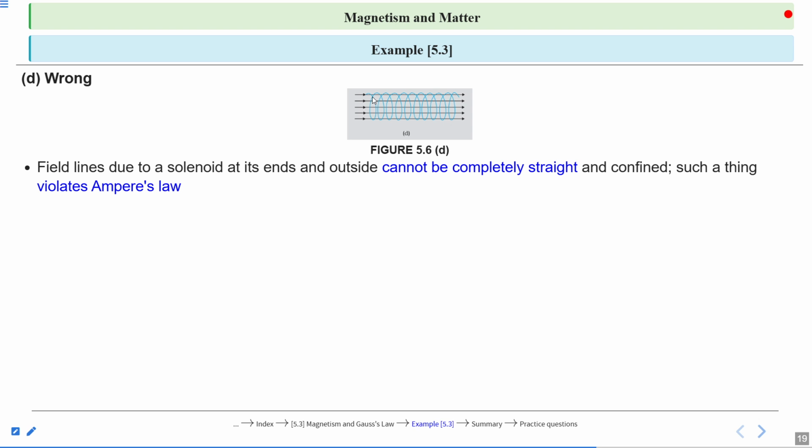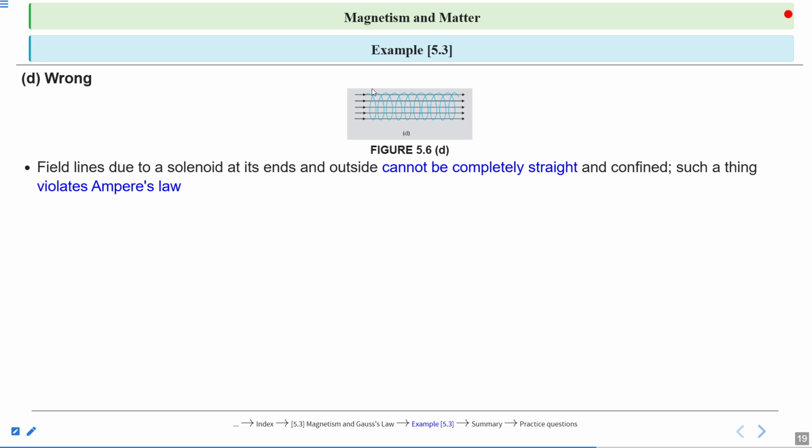Now the loop is enclosing about half the amount of current compared to the previous case. In the previous case, if I take an Amperian loop at the center, it encloses three windings of current.